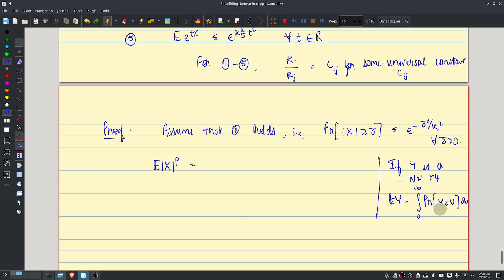It's not equal to this directly for a general variable; you essentially can get something by splitting the positive and negative parts.